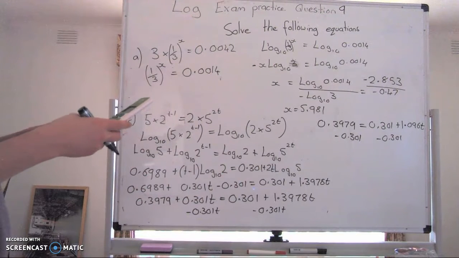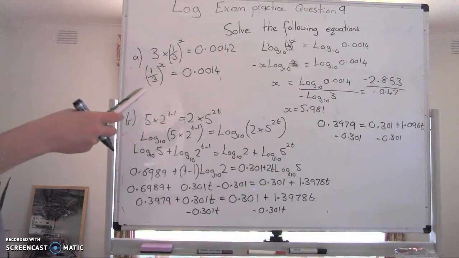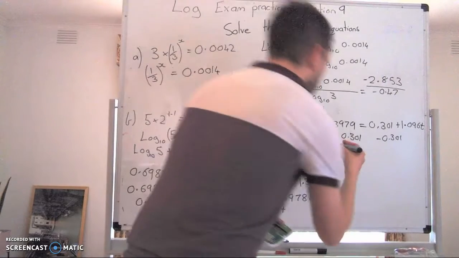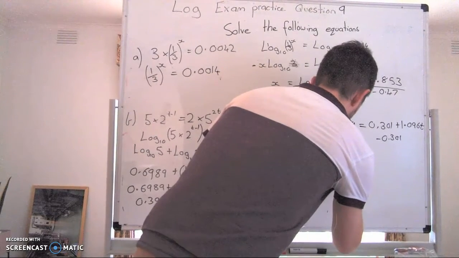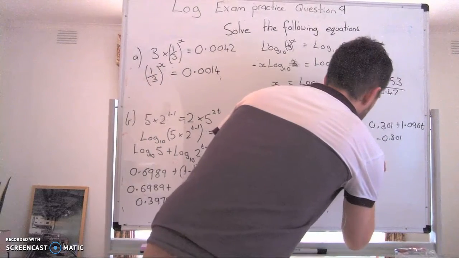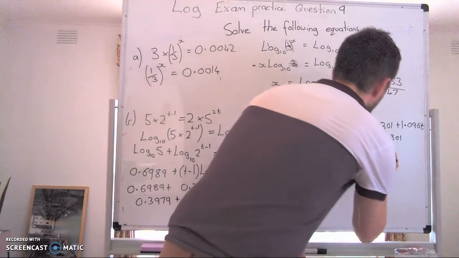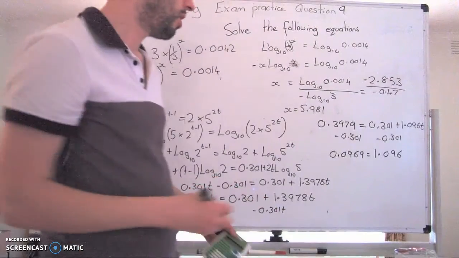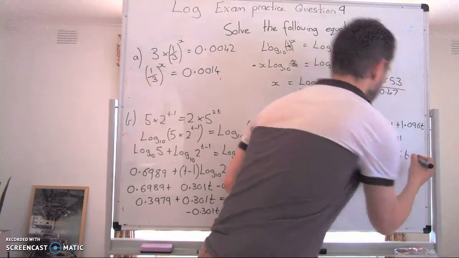So 0.3979 taking away 0.301 gives me 0.0969 is equal to 1.096t.